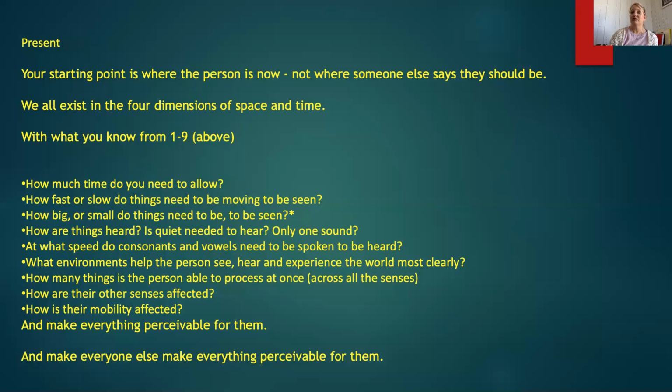How big or how small do things need to be seen? Now, oftentimes when we think about vision impairment, this is the key thing that all teachers, all of us, initially think about: their acuity. How big do things need to be for them to see it? If I can just enlarge it, that should cure the problem. A CVI is not the same thing, remember, as an ocular impairment.